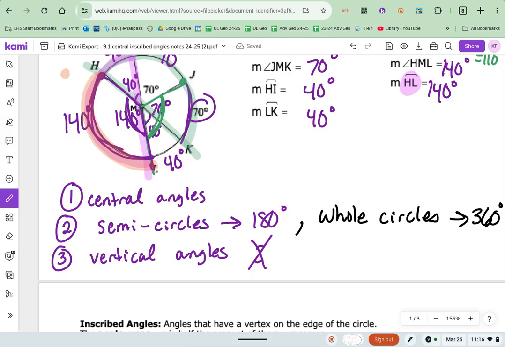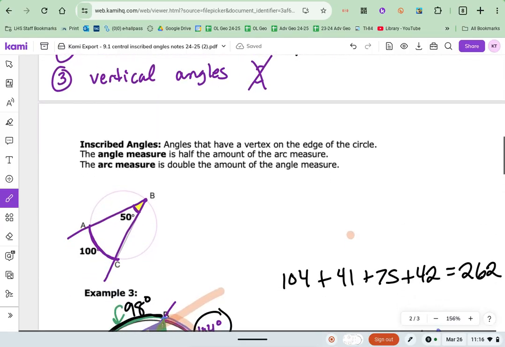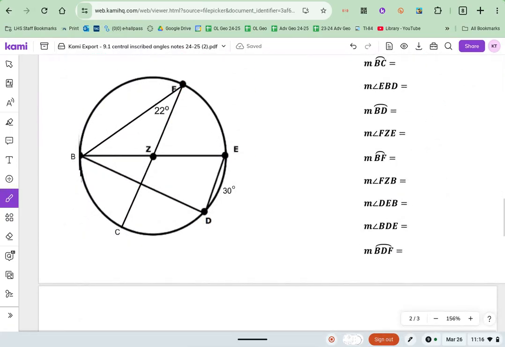Try the last one again. Okay guys, I'm going to start going over it with you up front so you can check your work. The first thing I did was look at this angle right here because that was given to me inscribed. I traced out its angle arms and said, okay, if it's 22, the arc in between its arms is 44 because the arc is double the angle.